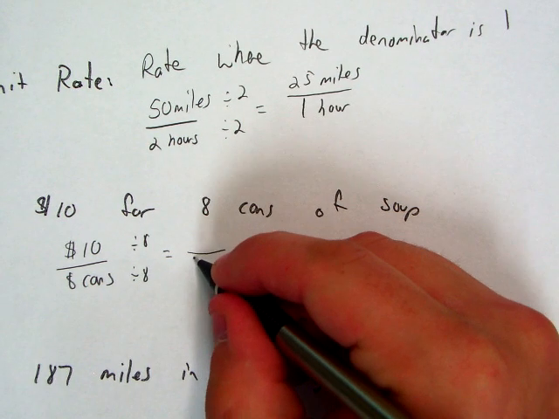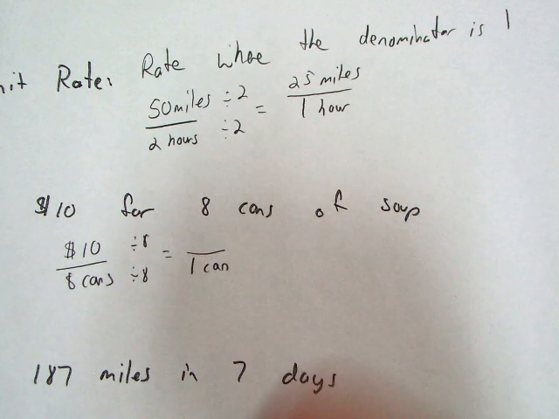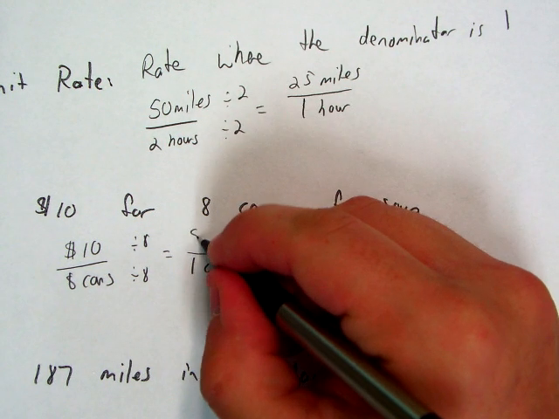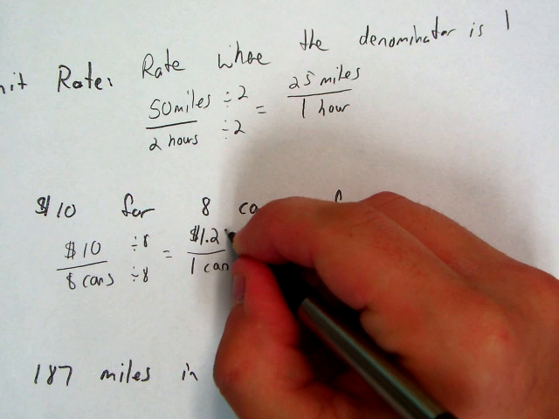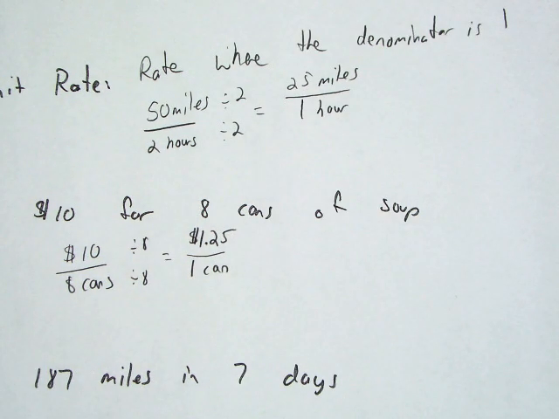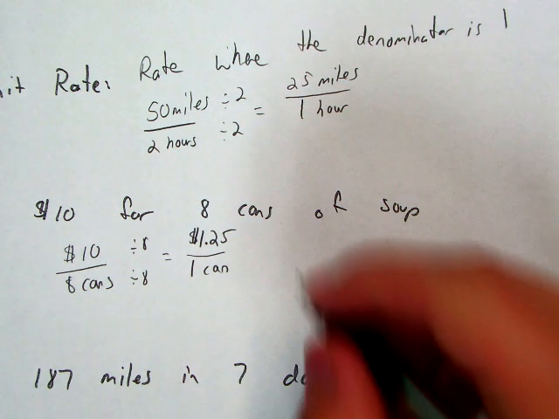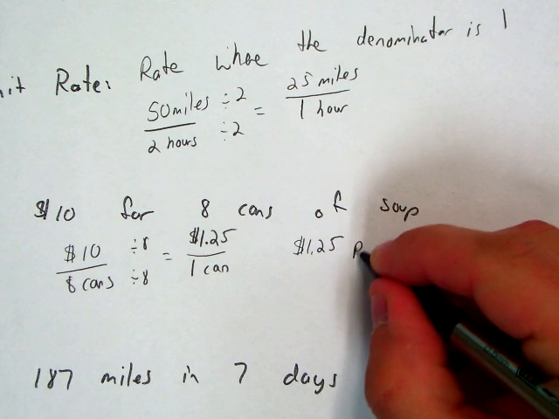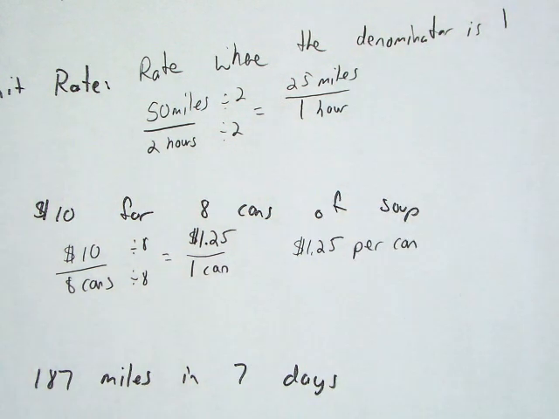So the denominator will now be 1, and the unit would be can. And 10 divided by 8 is going to be $1.25. So it costs $1.25 per can of soup. This can also be written as $1.25 per can. That is wonderful to write it that way as well.